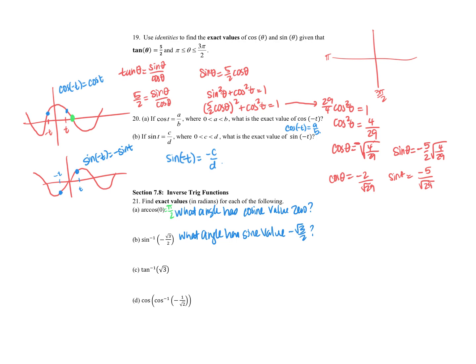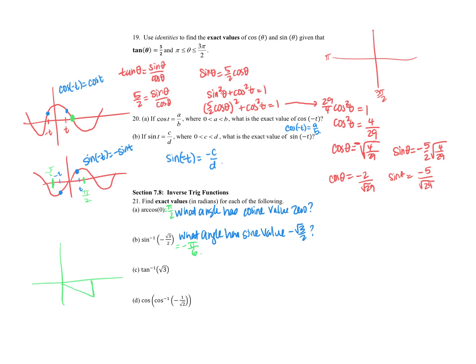For sine inverse, it's going to output angles between negative pi over 2 and pi over 2. If negative square root of 3 over 2 is the sine value, that means the y coordinate is negative square root of 3 over 2. So it's going to be a 30 degree, pi over 6, so it's going to be negative pi over 6. It'll be down in the fourth quadrant.